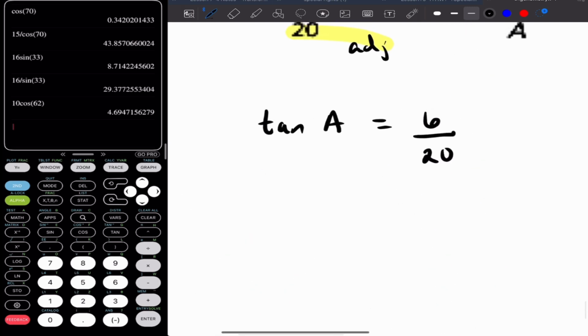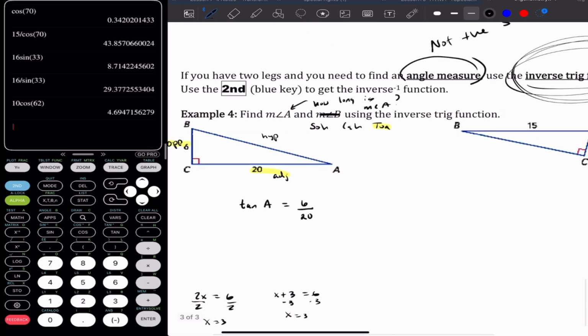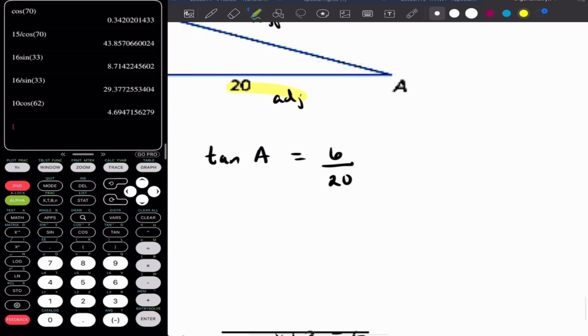Just like over here, we gotta do the trig function, and to do that, we have to use our calculator. Look up here. Again, we're going to use the second button, which is the blue key. So press second on your calculator, and then find the function that we're dealing with. In this case, we're dealing with tangent.